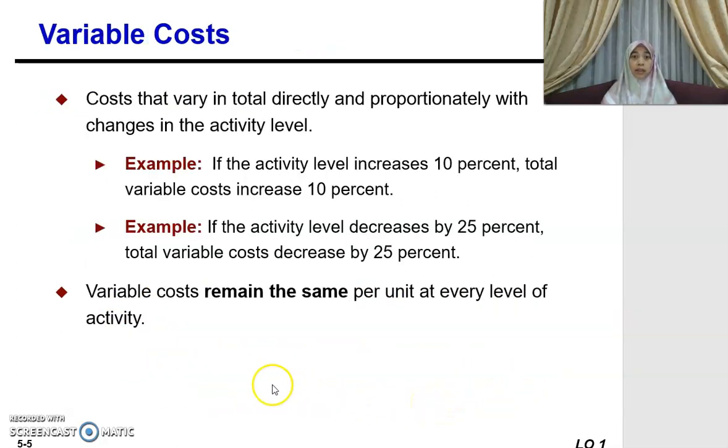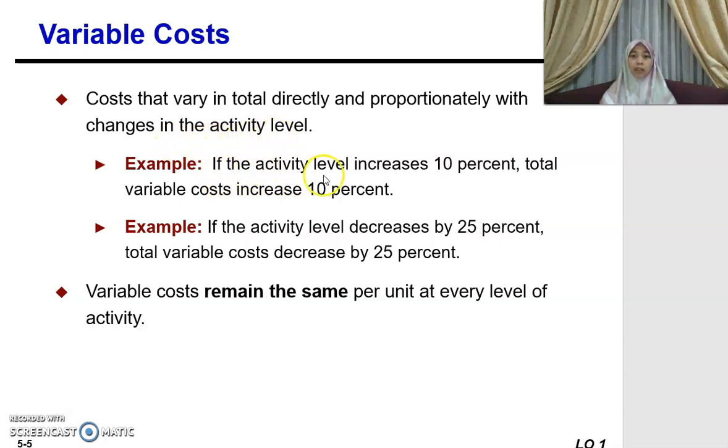So let's look at the first one, that is your variable cost. Okay, to understand this better, what is variable cost? So as the name implies, variable comes from the basic word, vary. So what is vary? Something that changes. So costs that vary in total directly and proportionately with changes in the activity level.